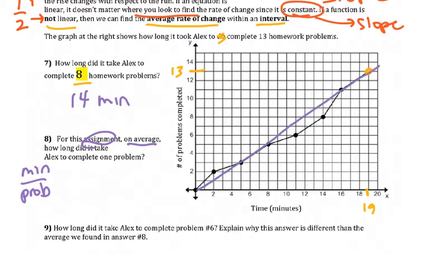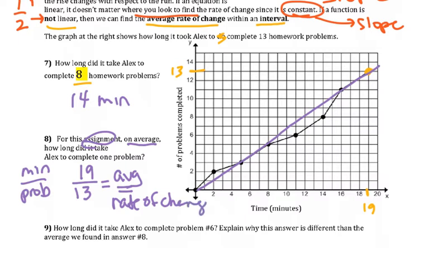It took 19 minutes to complete 13 problems. That is the average, and emphasize average, rate of change. If you calculate a decimal for that, it's just a little bit over a minute, about a minute and almost a half per problem. That's on average. Some took longer, some took less, but that's the average for the entire assignment.